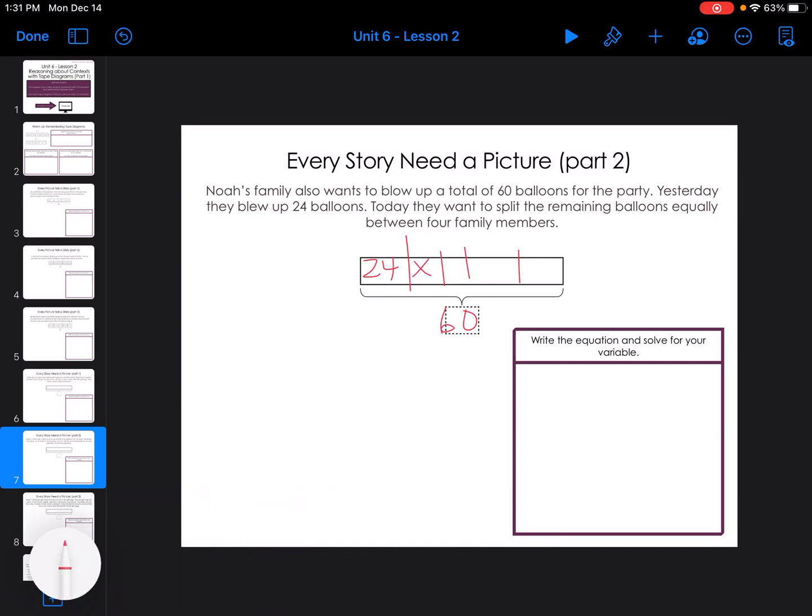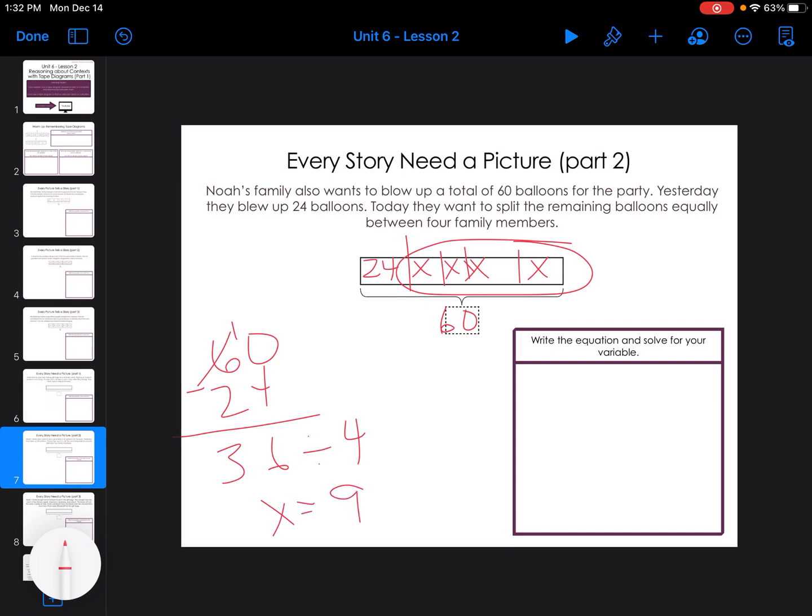So it's going to be x, x, x, x. So I have to figure out, well, how much are they splitting between these 4? So 60 minus 24, well, that leaves me with 36, and I have 4 members, so I'm dividing by 4. So x is going to be 9.